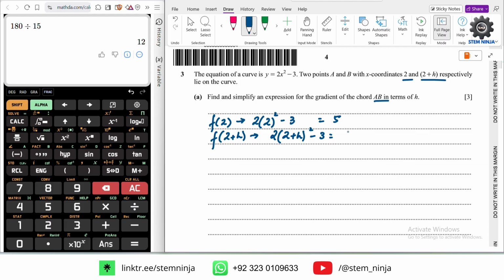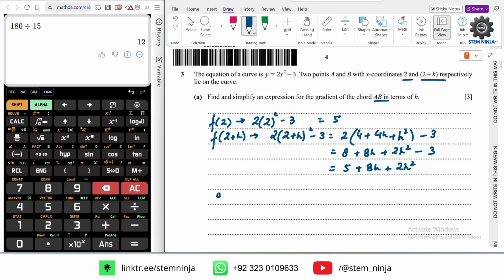So we are going to write it as 4 plus 4h plus h squared minus 3. 8 plus 8h plus 2h squared minus 3. So that becomes 5 plus 8h plus 2h squared.